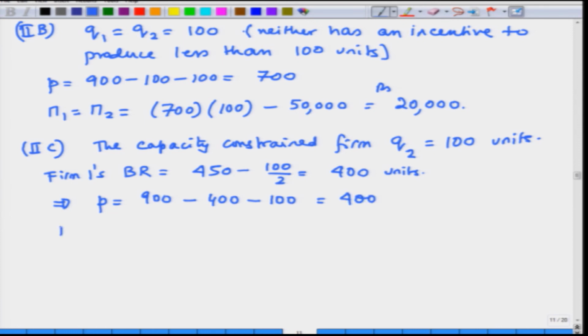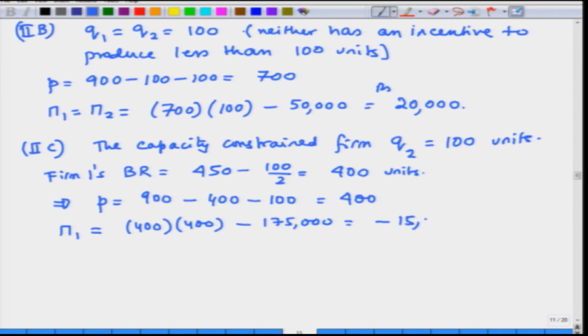That implies that the firm which is not capacity constrained, firm 1, has a profit of the price, which is 400, times the quantity that it produces, which is again 400 units, but then it incurs a cost. So, this is 160,000 minus 175,000.